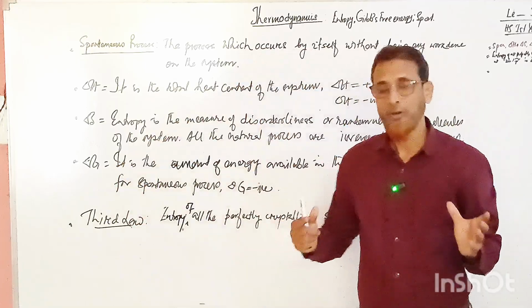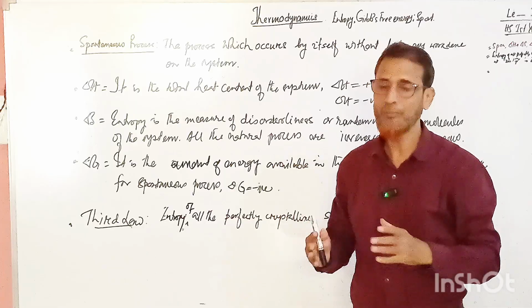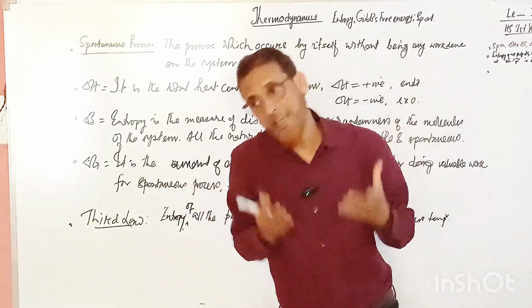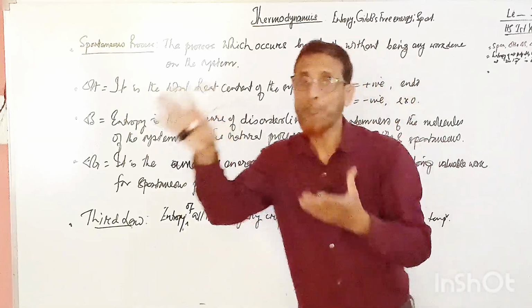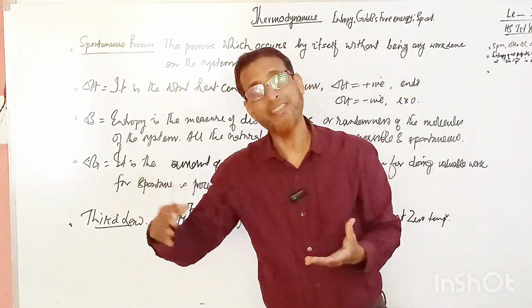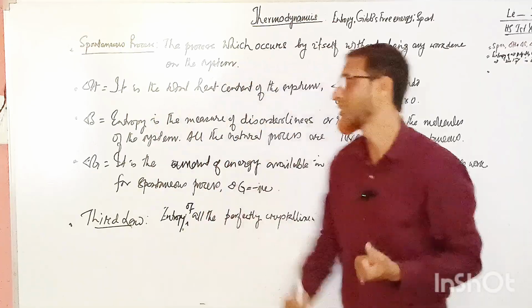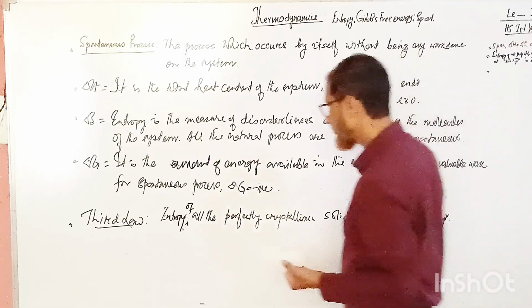This energy, which is available free to make the ions move from one end to the other, is called free energy, available already in the system. You need not supply energy to the system. It arises in the system itself, is free in nature, and that amount of energy is called Gibbs free energy.